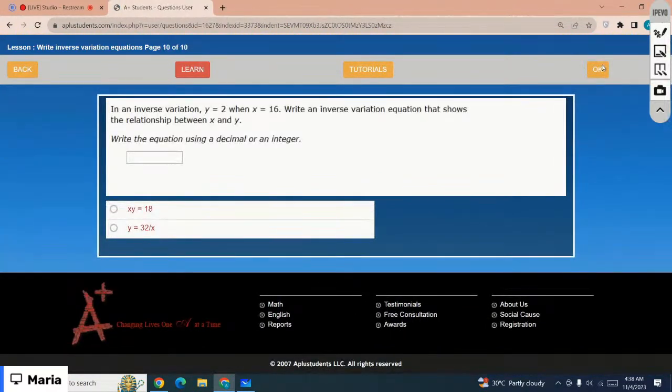Okay, the next one is an inverse variation, y equals 2 and x equals 16. Write an inverse variation equation that shows the relationship between x and y. So, which is the correct option?